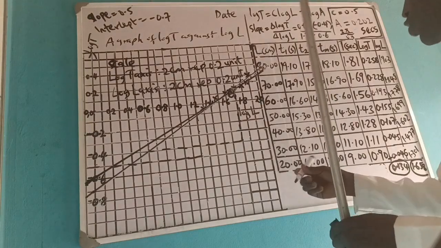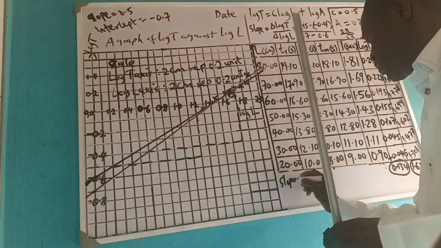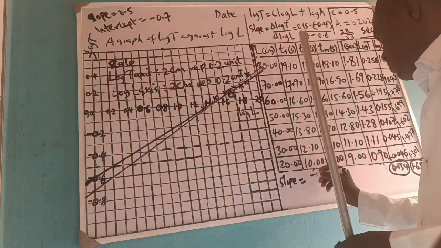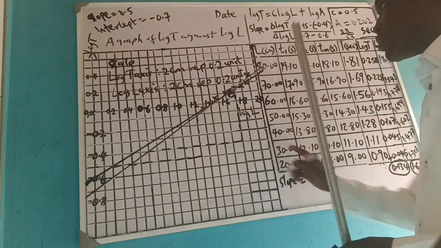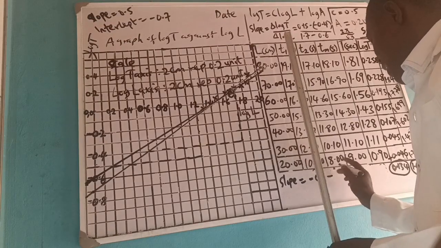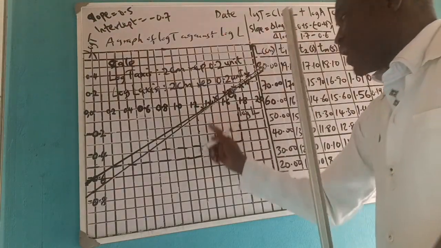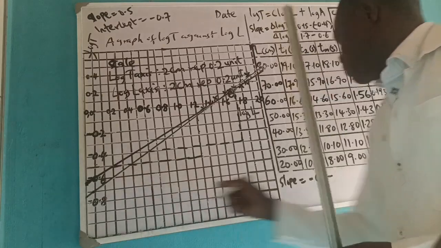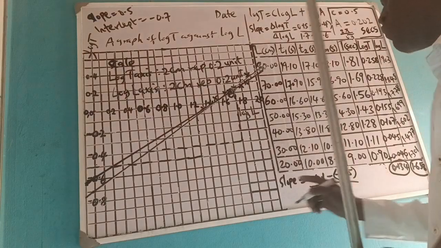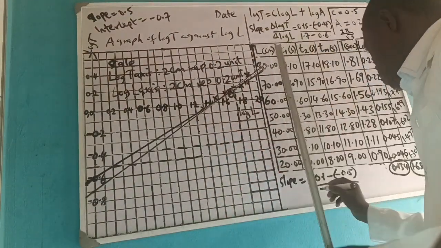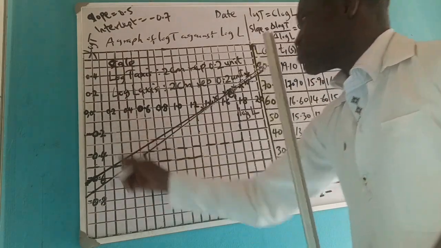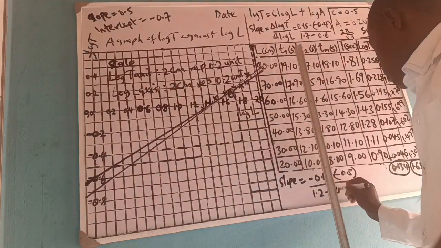So the slope of worst fit is equal to the higher, minus 0.1, minus the lower, minus 0.5, all over 1.2 minus 0.2.